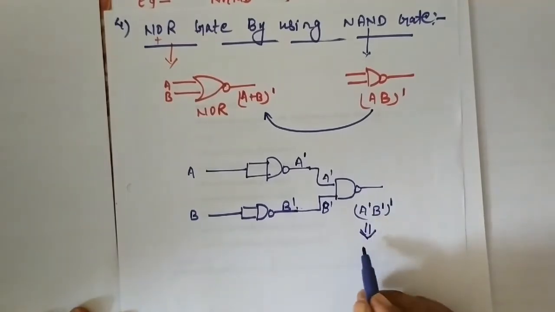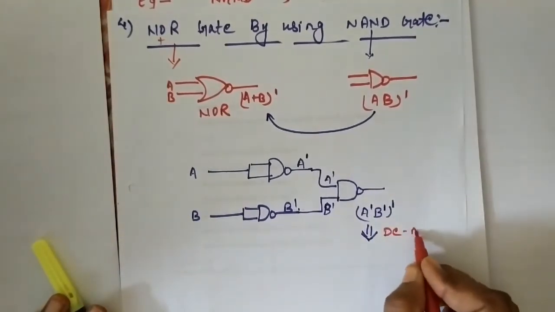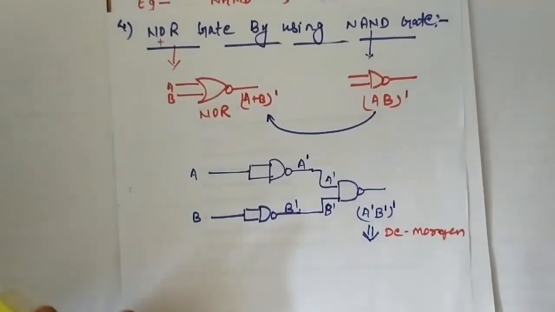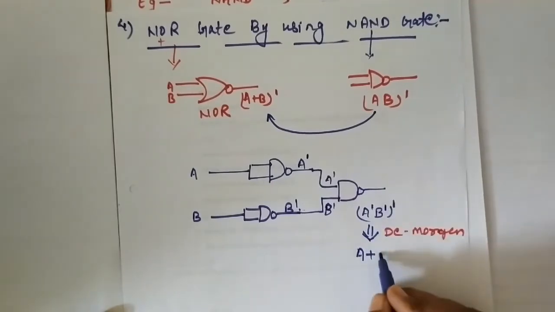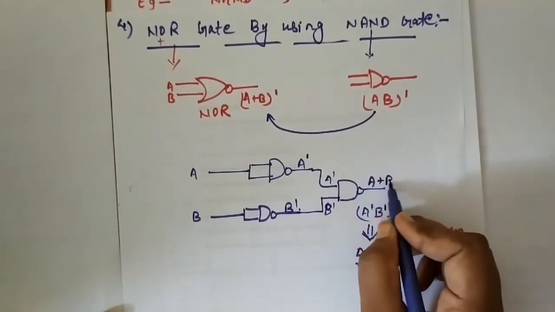For converting this expression, by using which theorem? De Morgan theorem. So it will convert into A dash, that means A, dot, that means plus, and B dash, that means B. So the expression of this one is A plus B.